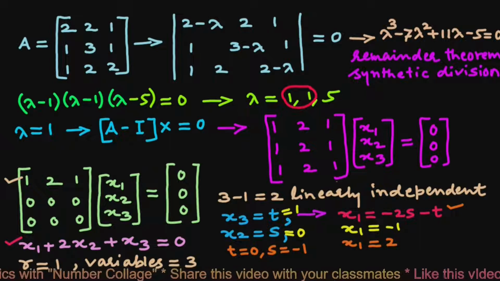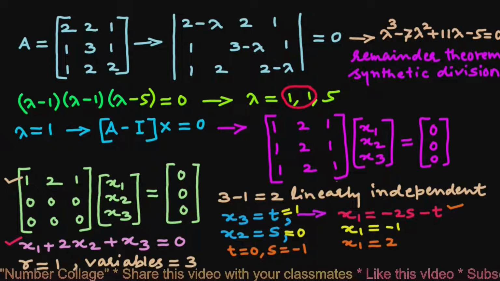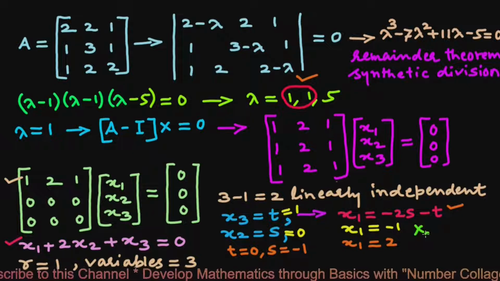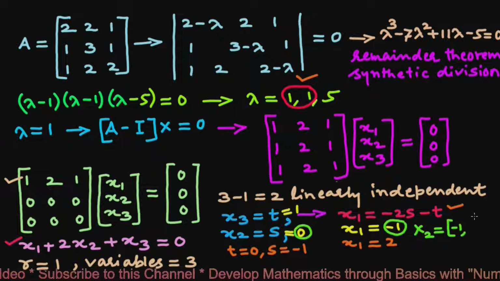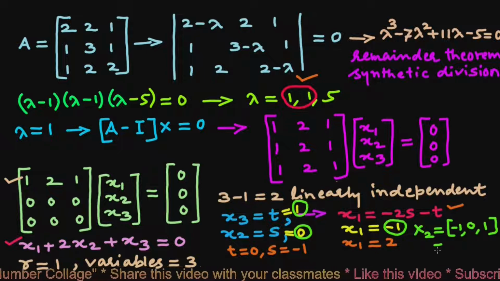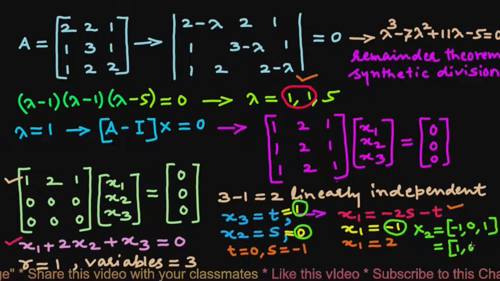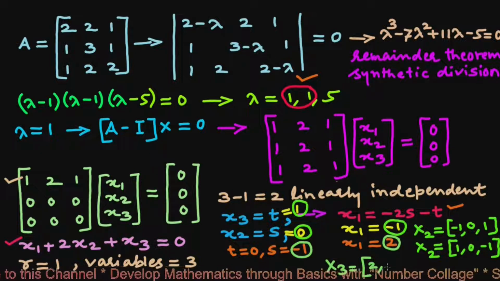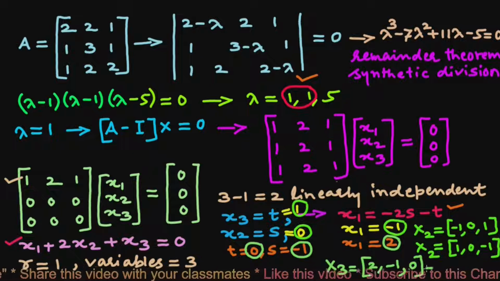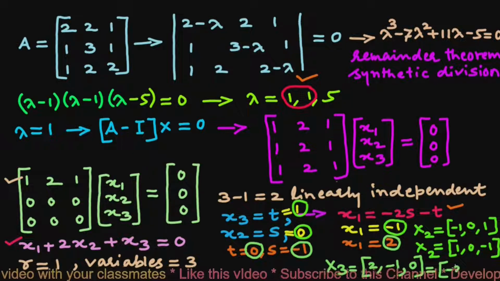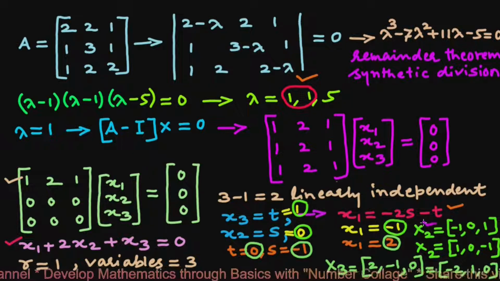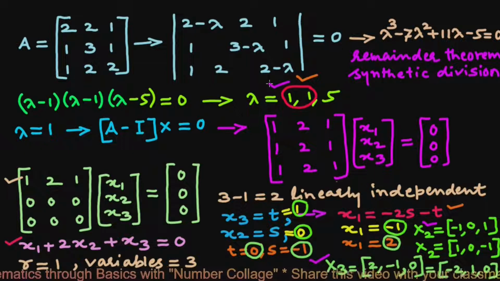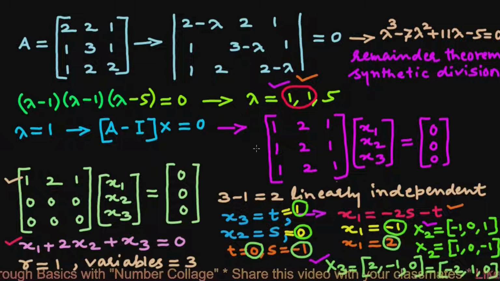So therefore, two linearly independent vectors corresponding to lambda equals 1 will be x1 equals this minus 1, this 0 and this 1, which can also be written as (1, 0, minus 1), and x2 will be this 2, this minus 1 and this 0, which can also be written as (minus 2, 1, 0). So these are the two eigenvectors corresponding to these two repeated eigenvalues 1 and 1.